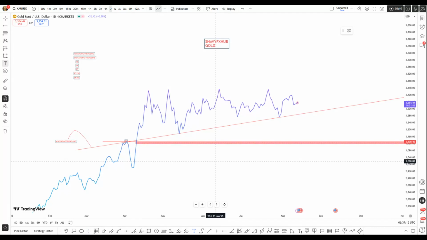And automatically that makes here a demand floor. That's a key demand floor to watch, and as well, a horizontal trend line.